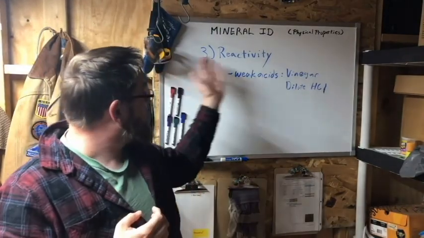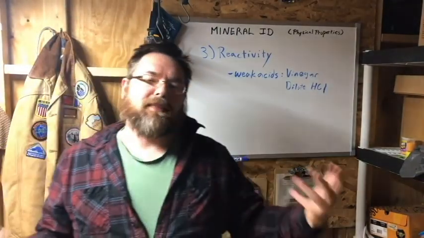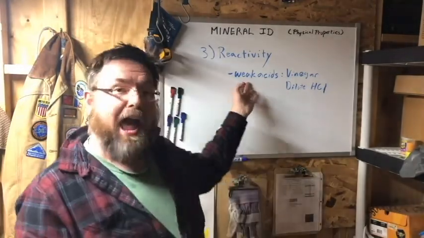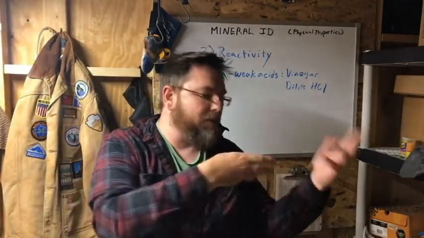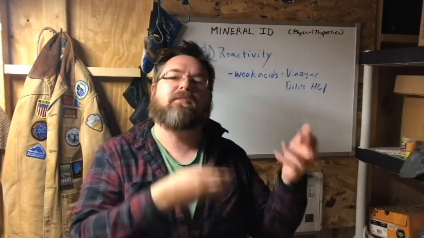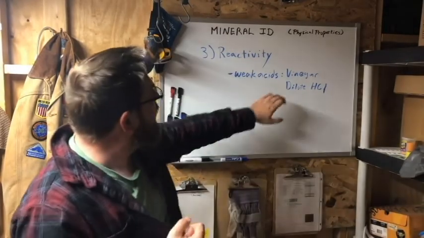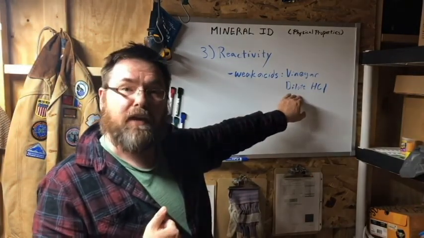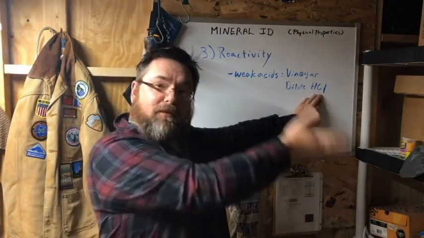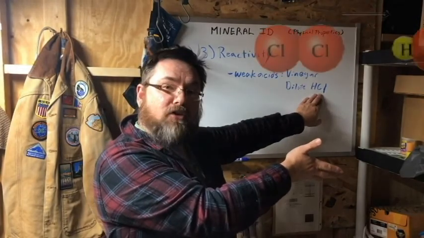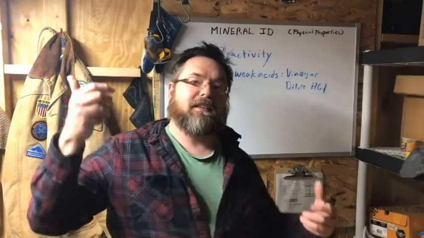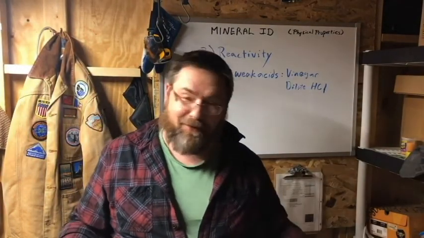Number 3, reactivity. And what we mean by this is, how does a mineral react, usually with weak acids? How is there a chemical reaction between the mineral and some other sort of substance? And common ones are weak acids like vinegar or dilute HCl. You've seen this before. It's the chemical formula for hydrochloric acid, but you don't use what you get in the store, like muriatic acid, that's too strong.